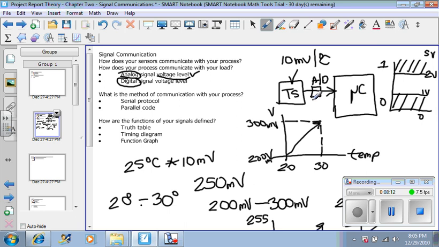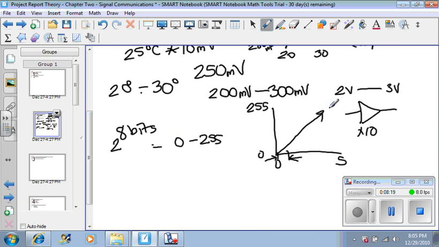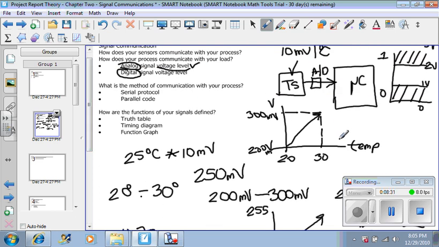So we can conclude that the temperature sensor outputs an analog voltage, and then after that we use an amplifier with a gain of 10, still creating an analog voltage but at a greater resolution, and then the analog to digital converter changes those values between 2 and 3 into a binary number, which means the microcontroller will read a parallel code.